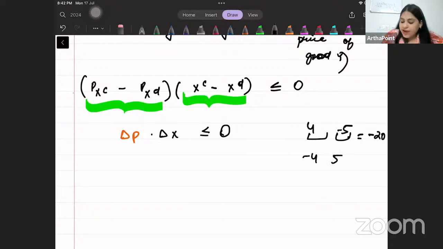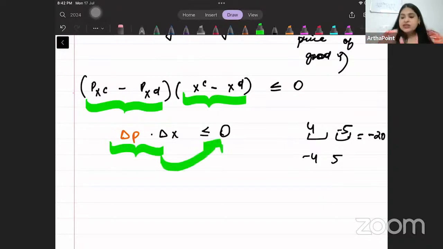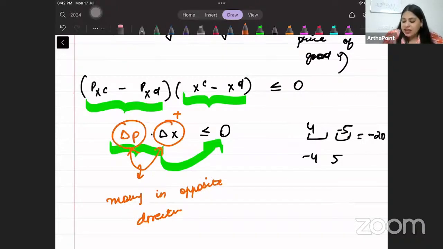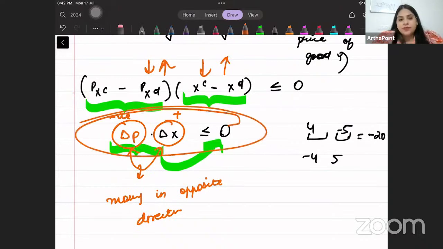So if I want the product to be negative, it implies that one of the two is negative, right? It means that they are moving in opposite direction. If this is positive, prices are falling; if this is increasing, then this must be decreasing; if this is decreasing, then this must be increasing, because the product is negative. I have proved it. So it means that they are moving in opposite direction.